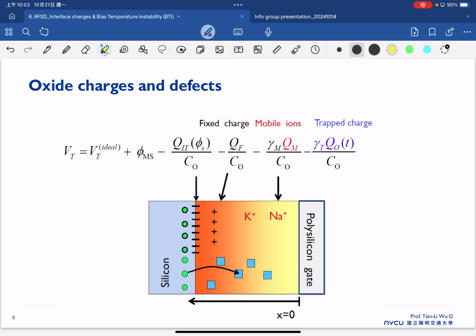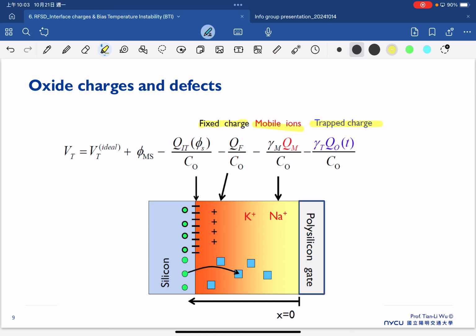You can easily find a lot of references on the internet already. So the threshold voltage is related to the ideal threshold voltage, and the metal-semiconductor work function, and it also will be influenced by these three terms: fixed charge, mobile ions, and trapped charges.